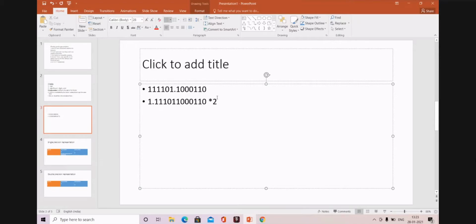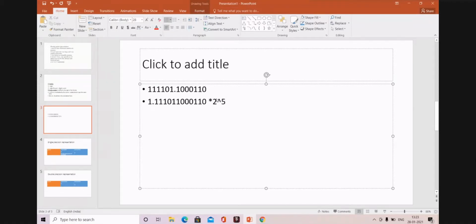So your exponent will be 5. It should be on the top, as a power. It should be in the power of 5.